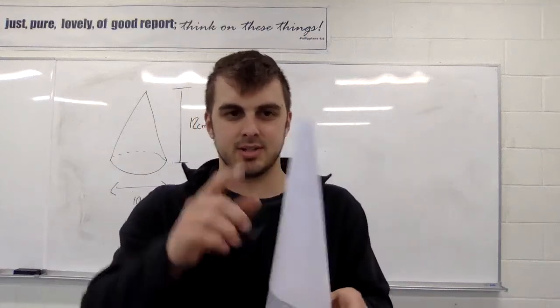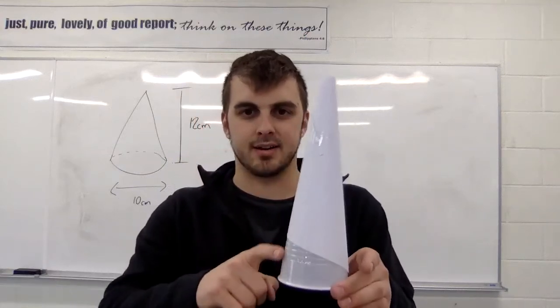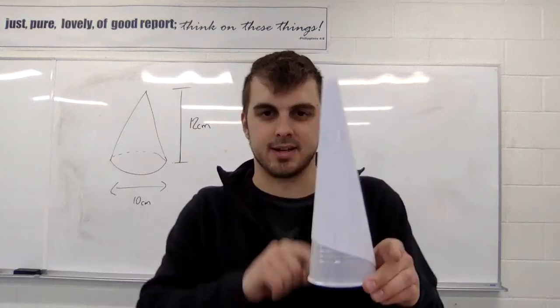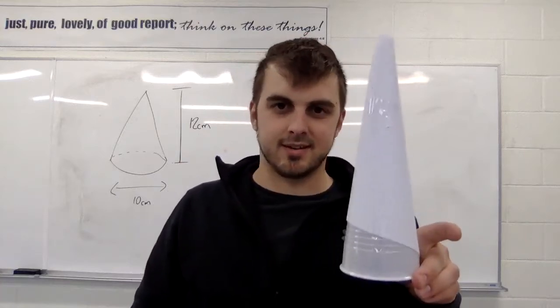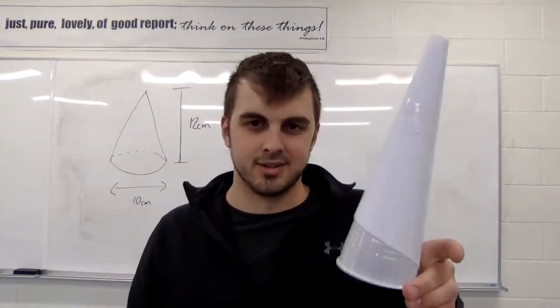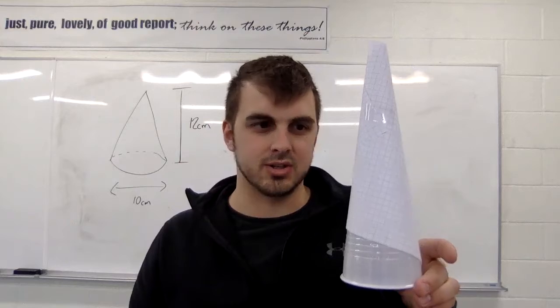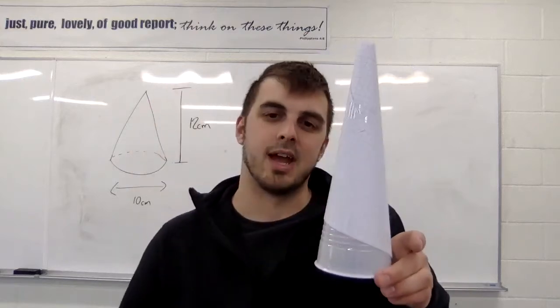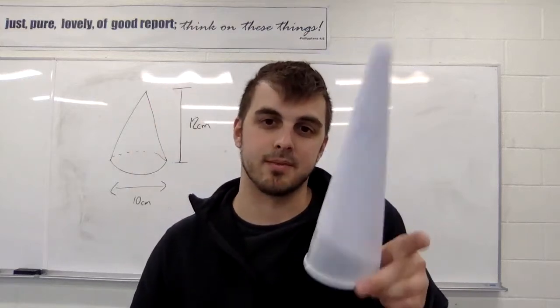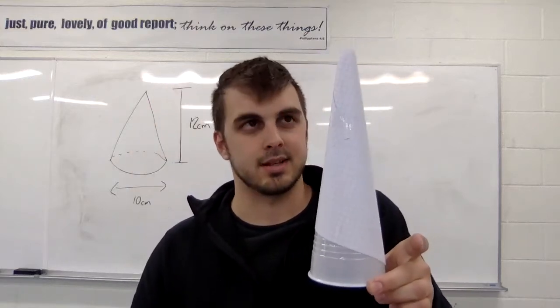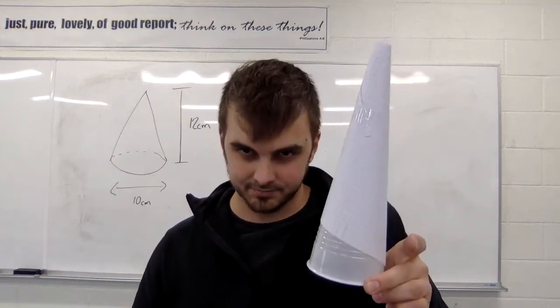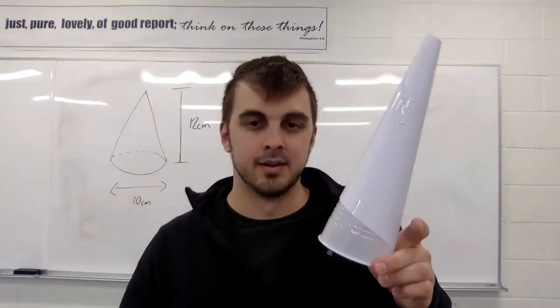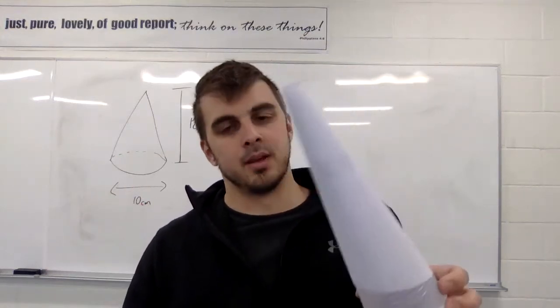But what about along the side here? So this side right here. Technically, if the screen you're watching on is life size, you can just slap a ruler on your screen and figure out the slant height. And there's a way to do this. As you can see back here, we'll figure that out.